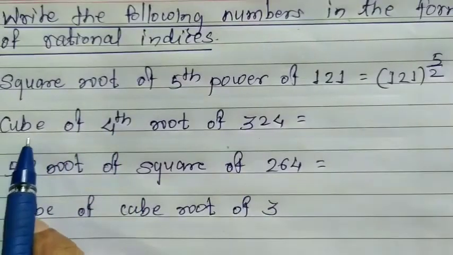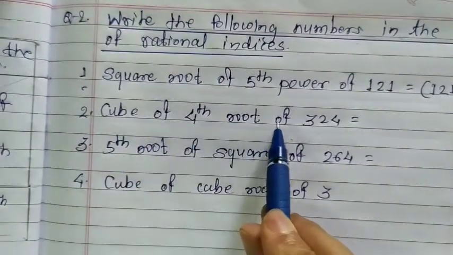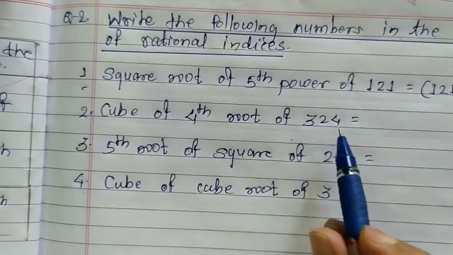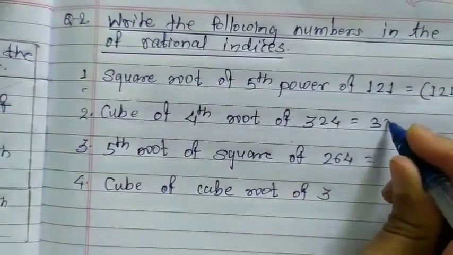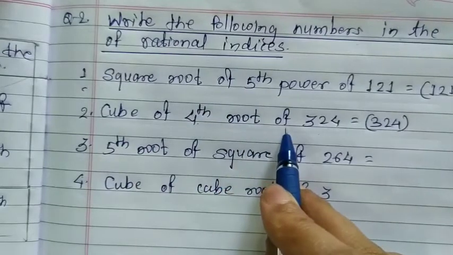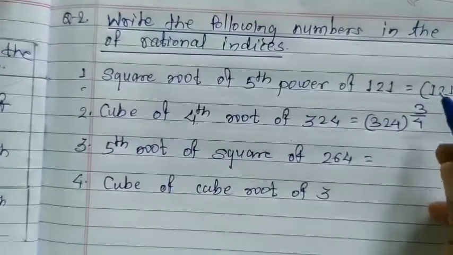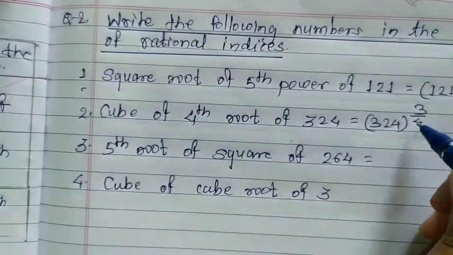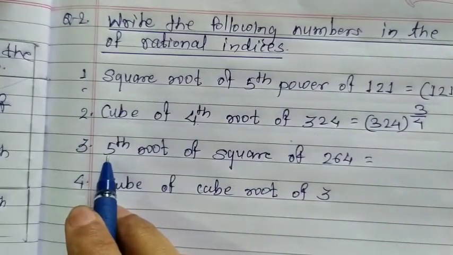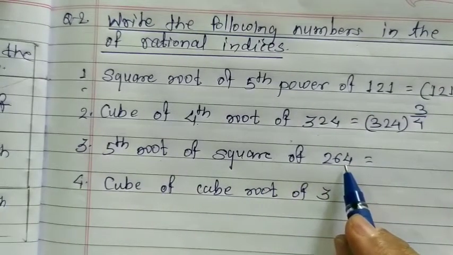Example number 2: cube of fourth root of 324. The number is 324, cube of fourth root, hence 3 upon 4. Then example number 3: fifth root of square of 264.